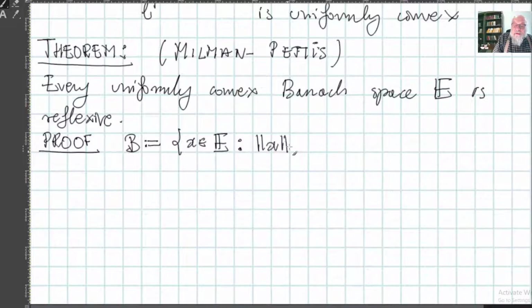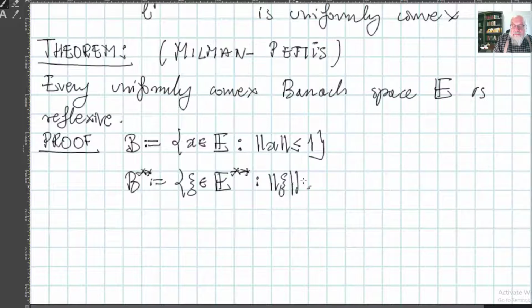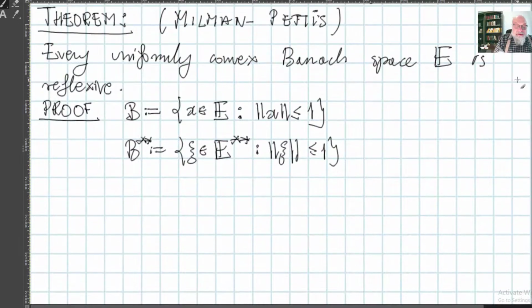Then we also use the notation B double star, the unit ball of the double dual: psi belonging to E double star with the norm of psi smaller than or equal to 1. So what does it mean that we have a reflexive space? That means we have the duality maps. So E is reflexive.